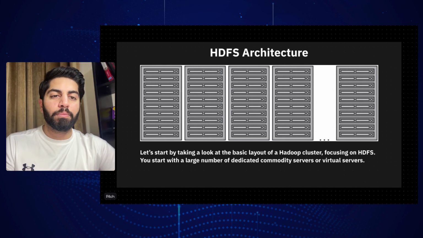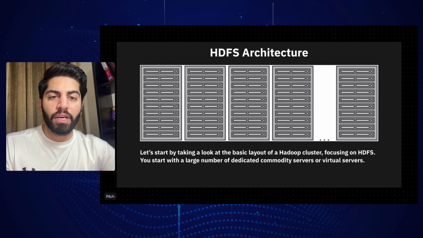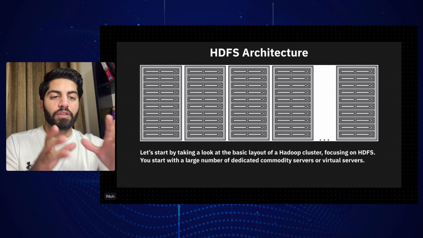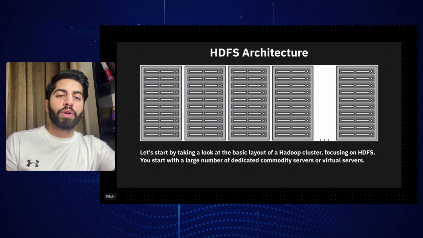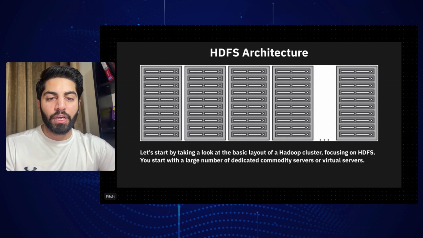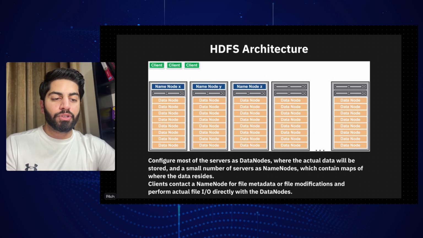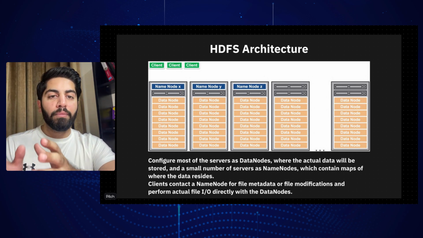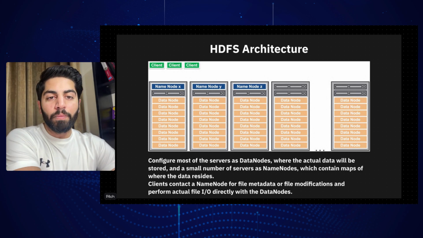Let's start at the picture, as you can see. Hadoop has multiple different clusters, and the whole workload and the whole data is loaded into different clusters, and then it is processed. Moving forward to the next picture, we have different clusters, then we have name nodes, and then we have data nodes.